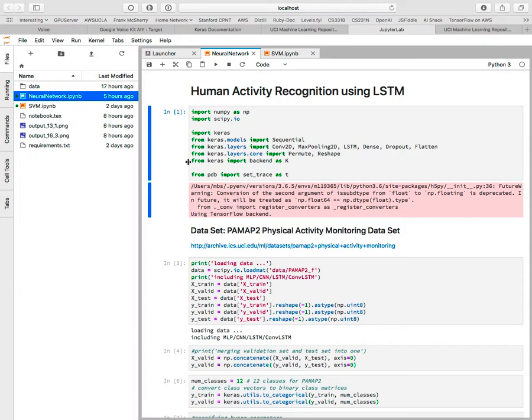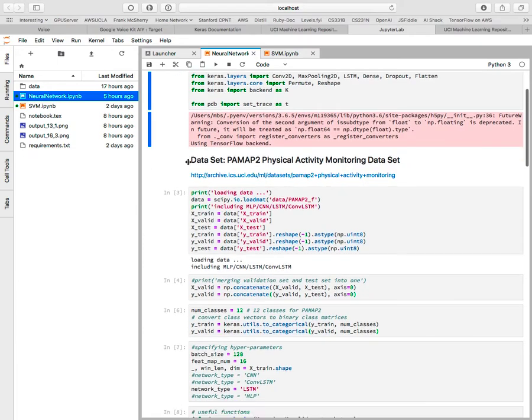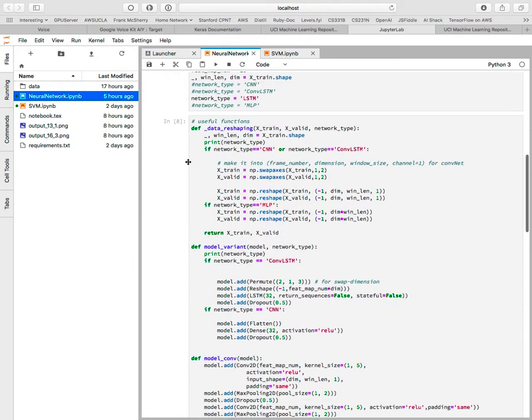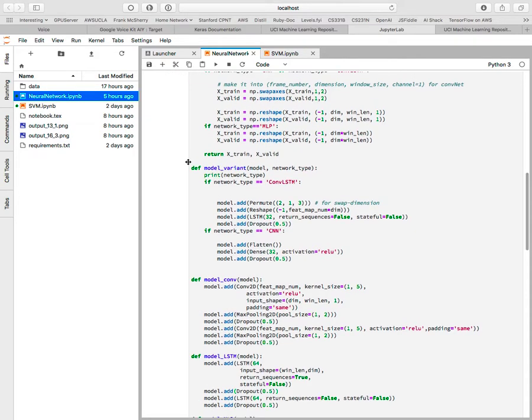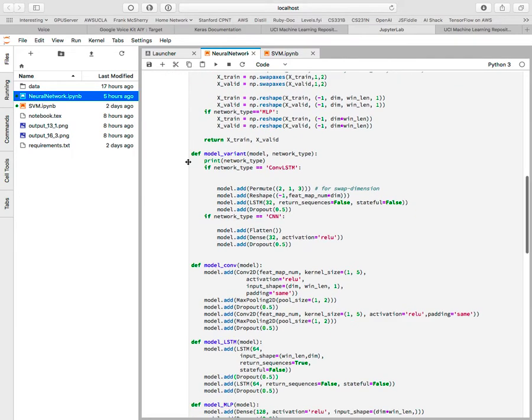So what you see out here is I imported Keras, and then it says using TensorFlow backend. It supports a couple of backends, and in this case, it's using the TensorFlow backend. And then when I'm specifying my neural network, let's see if we could zoom in.